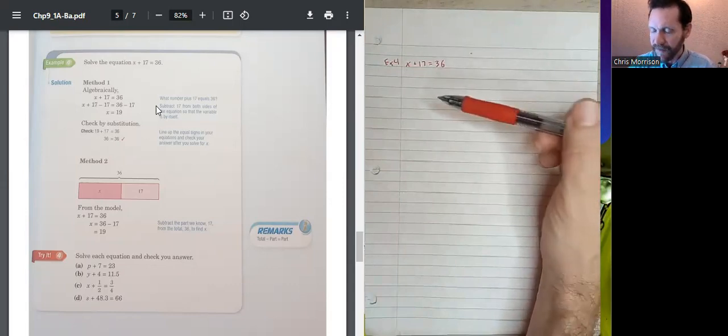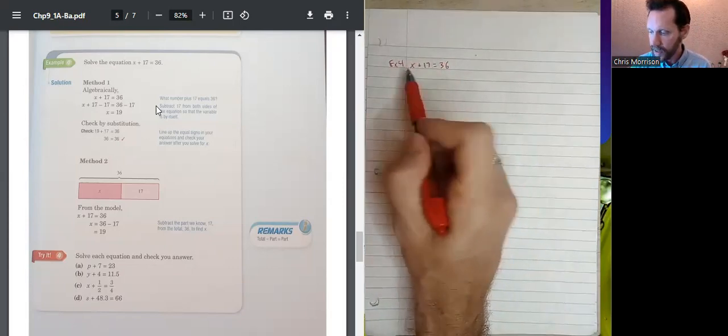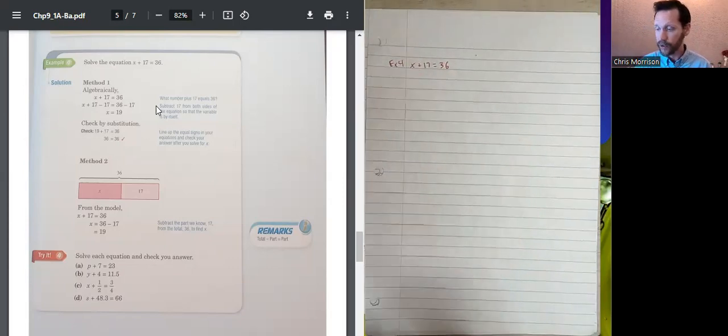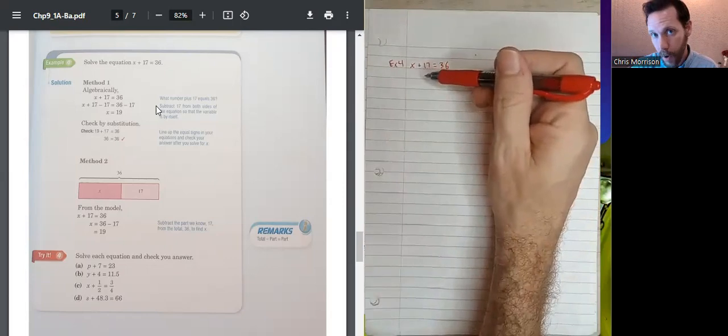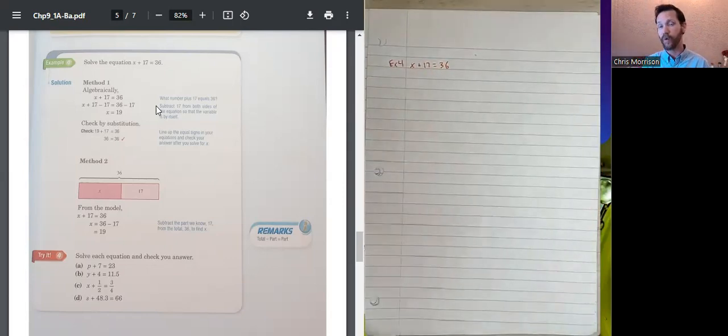So now we get to this famous idea that so long as these sides equal each other, that's all that matters. What I do to one side, I have to do to the other. Just learn that now. You should just drill that into your memory.